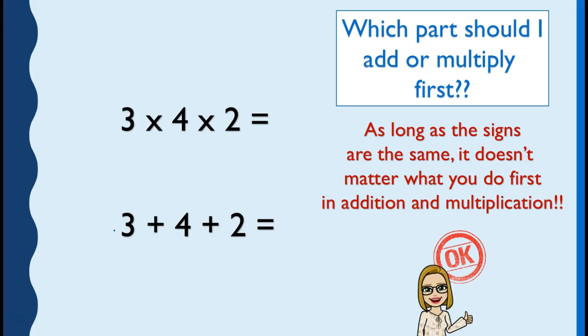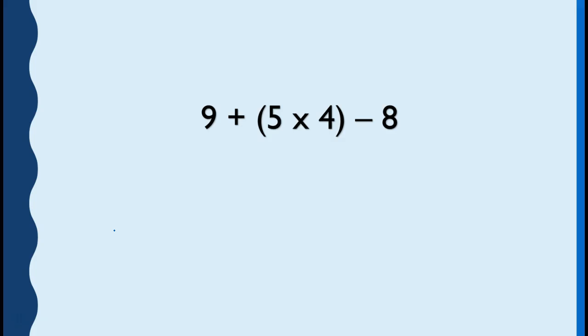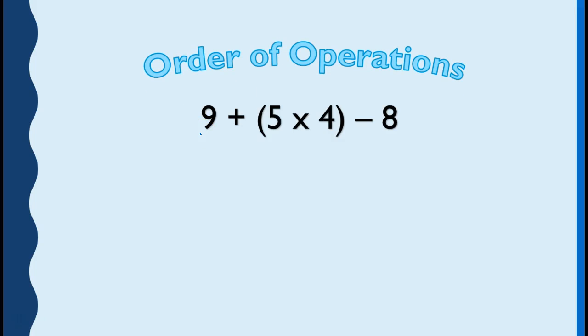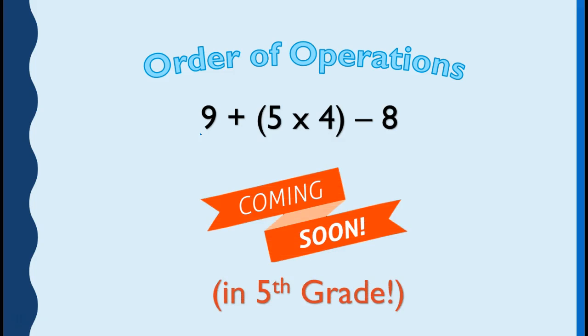All right, so now, in a little bit, you'll start to see expressions like this, where you have addition, multiplication, subtraction, parentheses, and guess what? There's a very special way to solve a problem like that, and that's called order of operations. But luckily, for right now, you don't have to worry about that. But don't worry, that's coming soon in 5th grade. So you will learn about what order to do it.